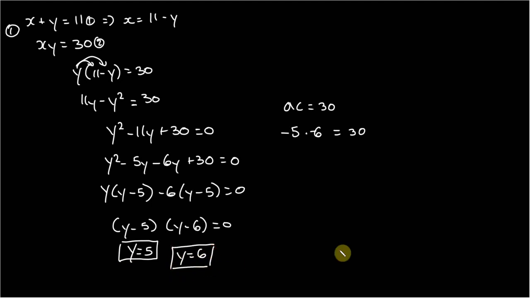Now with questions like these, really one just has to carry on with the grunt work, and we need to just basically substitute these y values back into, in this case, equation 1, where we have x equals 11 minus y, to find our corresponding x values. So I will write that over on the right hand side.